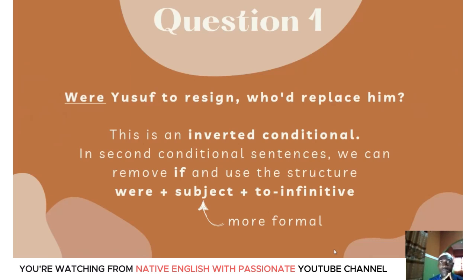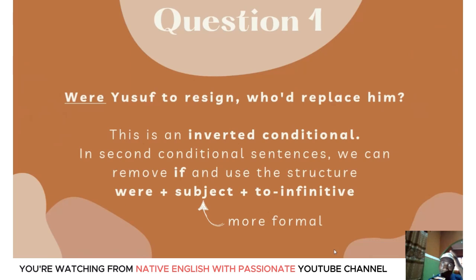So now let's move to the first conditional. If you say, if you travel, I will give you a gift. If you look at the condition, if you travel, that also makes use of the simple present tense.